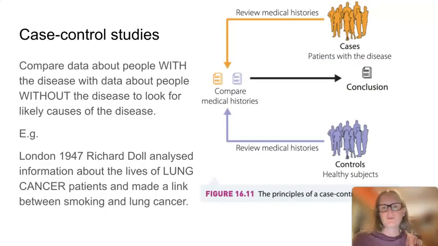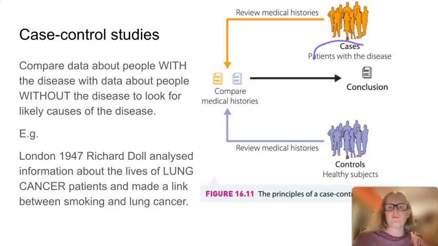So case control studies are where you start at a point in time at the end, and you look at two groups of people: people with the disease and people who are healthy. And then you look at what did they do in their life to lead them to end up being in the group they're in.